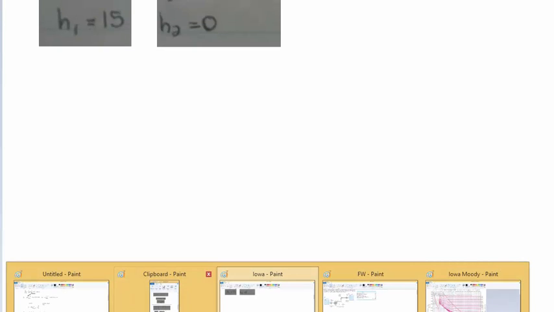We're told our height difference: we're going to call this our 0 point, and this is 15 off the 0 point. That should all be straightforward. You should know how to do that from our energy video. So that will simplify to this.